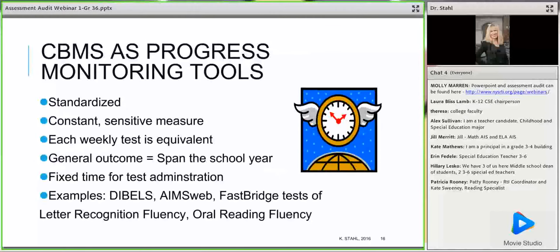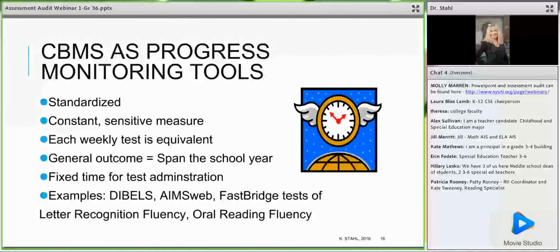And that's why many people have relied on CBMs as progress monitoring tools, because they are standardized, they're a constant sensitive measure. Each weekly test is equivalent according to their field testing data. They're a general outcome measure. That means that they're looking at a holistic skill that spans the development across the school year.